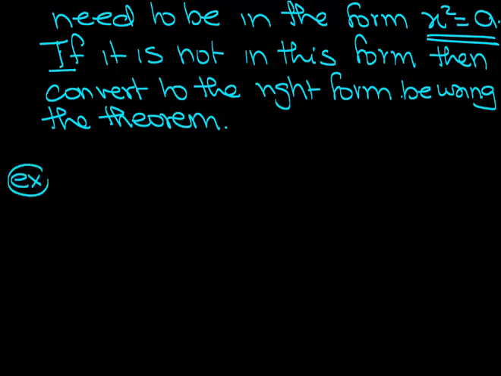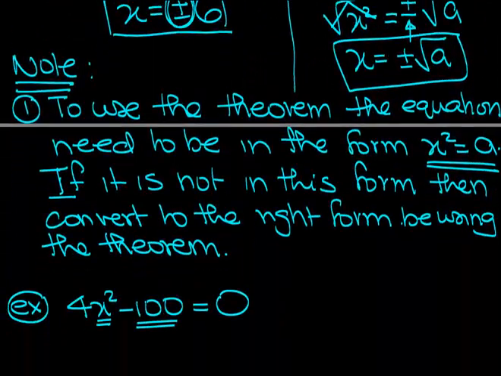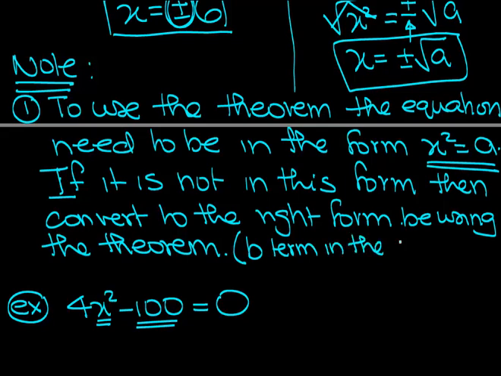So let me start with this. So let's say I have 4x squared minus 100 is equal to 0. Now I can solve this problem by factoring, but if you recognize this form, I have a square and a number. I don't have an x variable, so basically we use this method when the b term in the quadratic equation is 0.